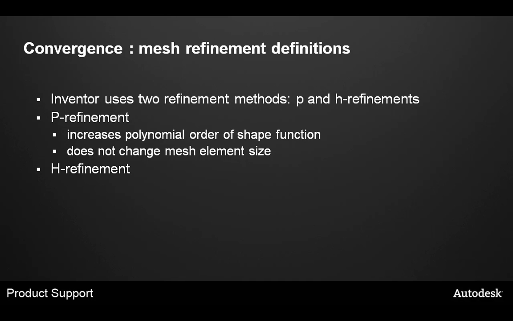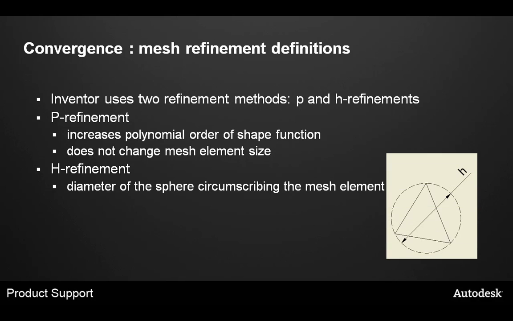The H refinement method is the diameter of the circumscribing sphere around the mesh element. You see an illustration here. I try to visualize it. It might not be exactly mathematically correct, but at least it helps you focus the idea. Finally, what I want to say about H refinement is that this method really reduces, or can help reduce, the mesh element size.